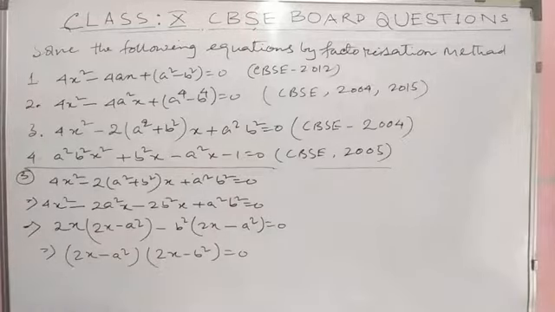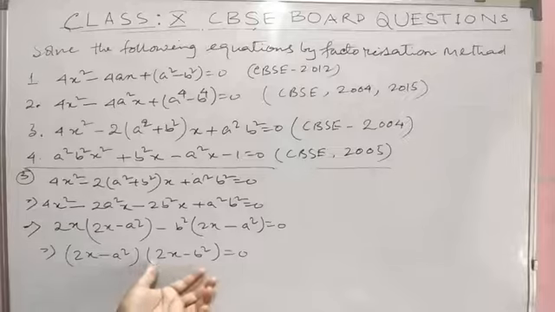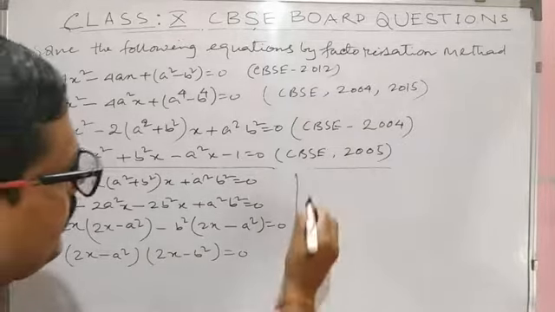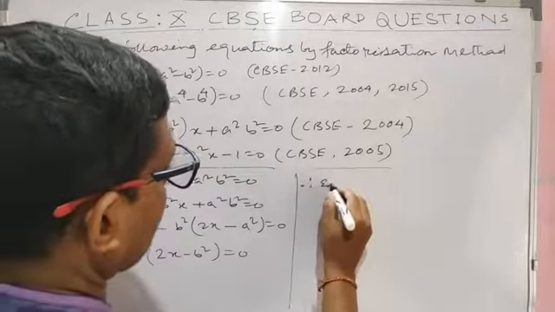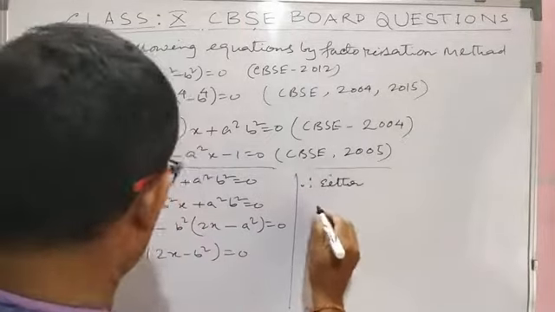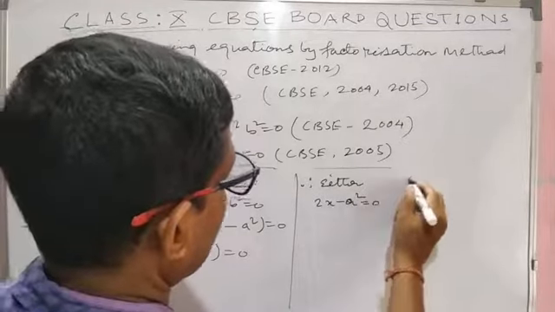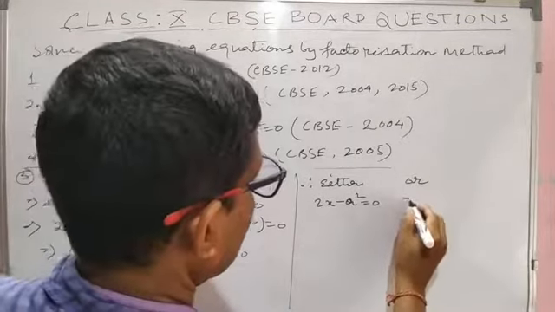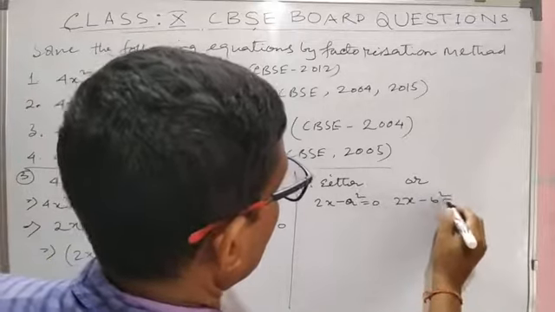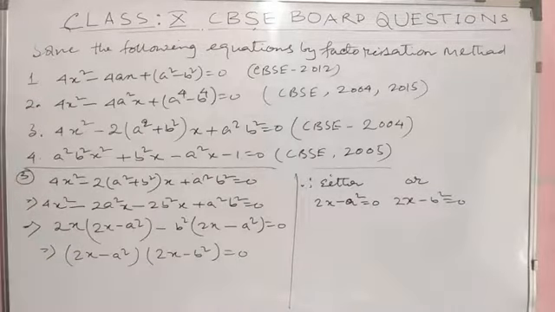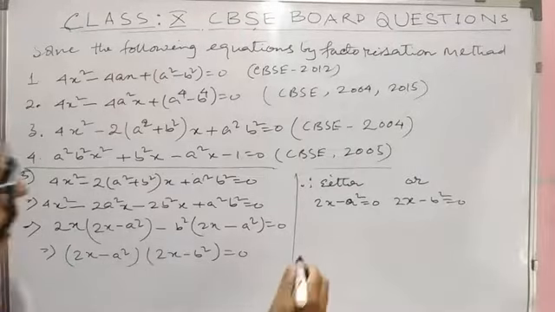Therefore either this equal to 0 or this equal to 0. Therefore either 2x − a² equal to 0 or 2x − b² equal to 0.